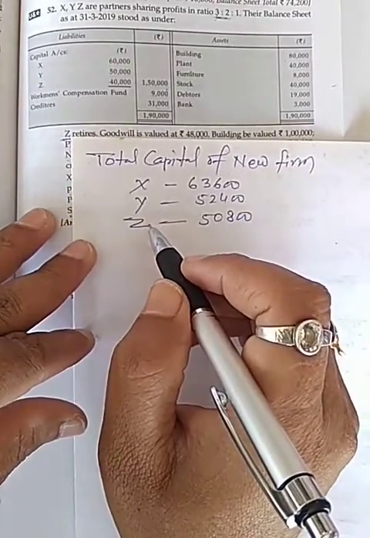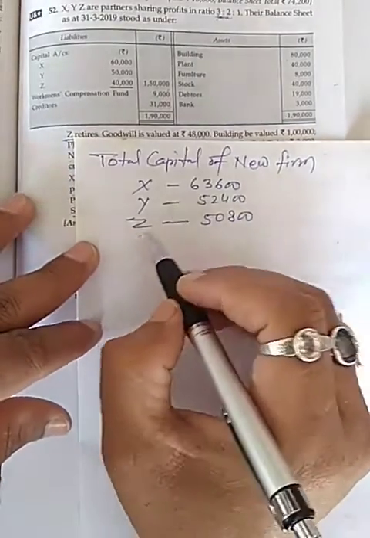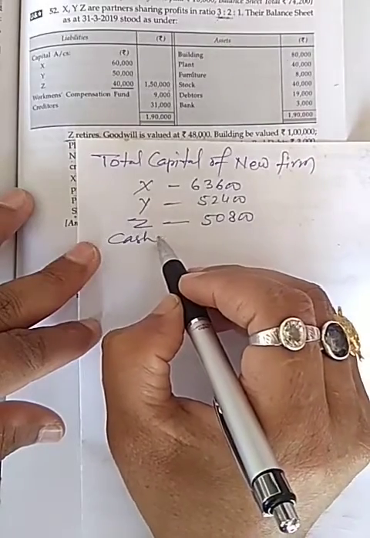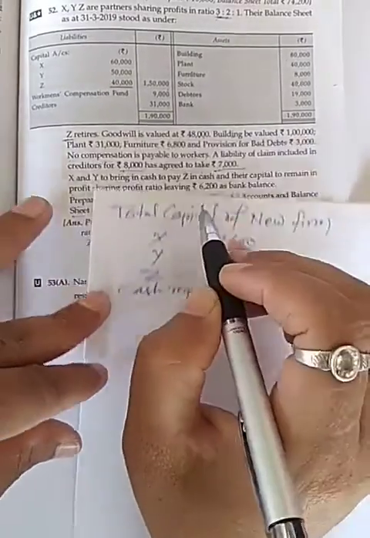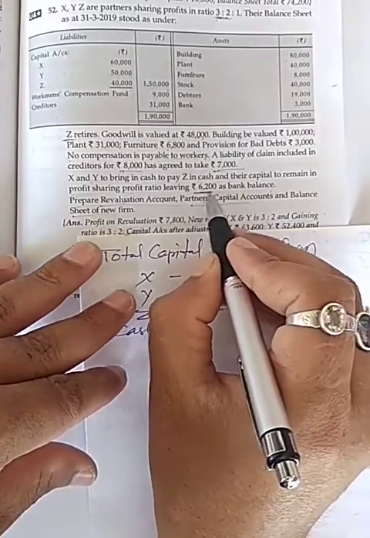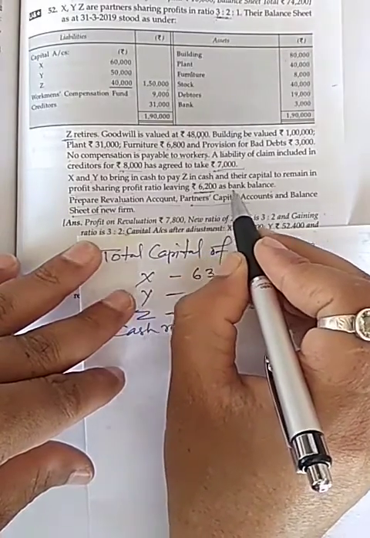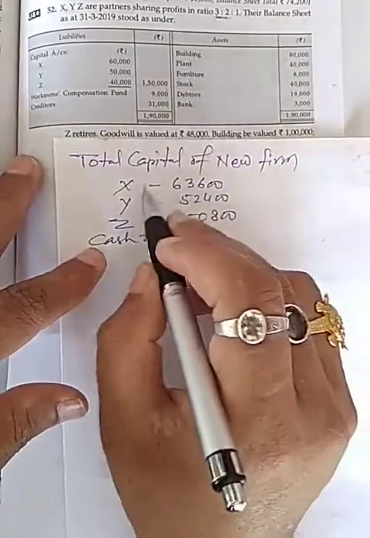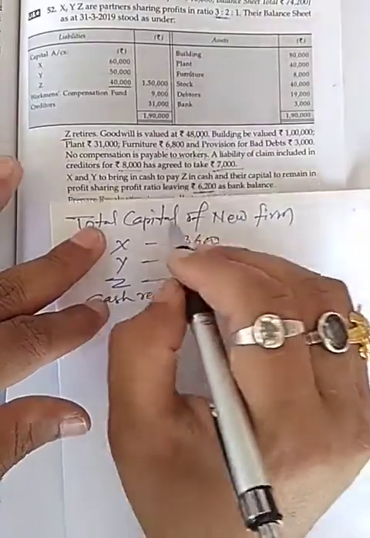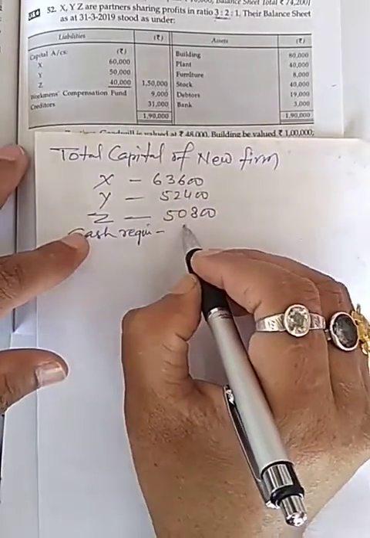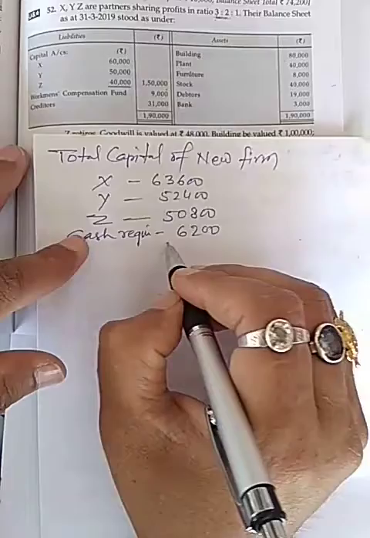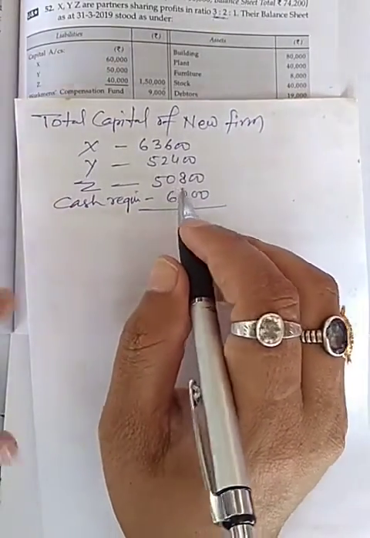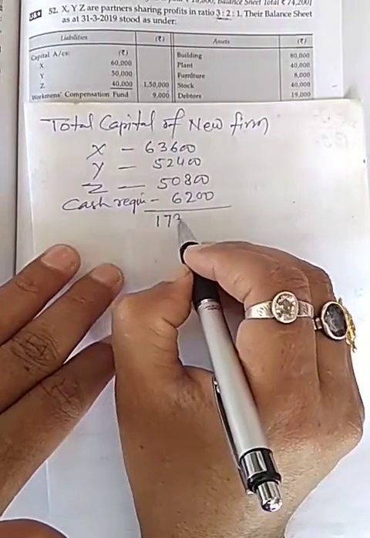Now the required balance of cash. Also the question says 6,200 in bank balance. So it will also be brought by X and Y. So I will add 66,200. Total will be 1,73,000.